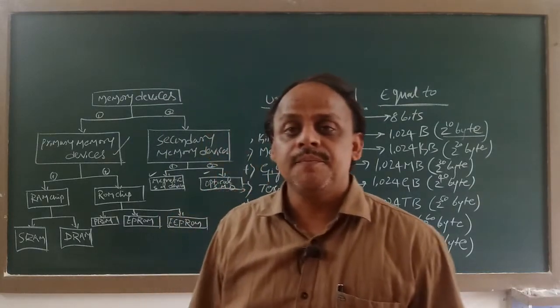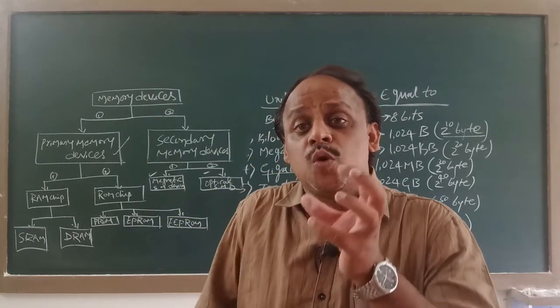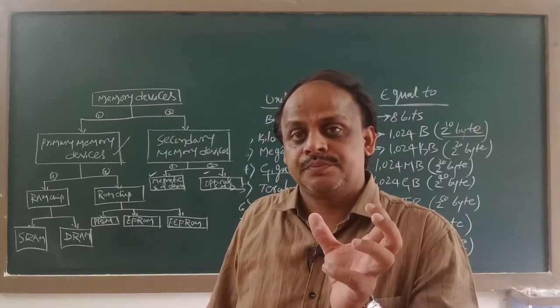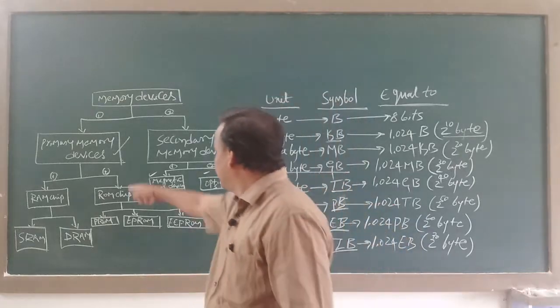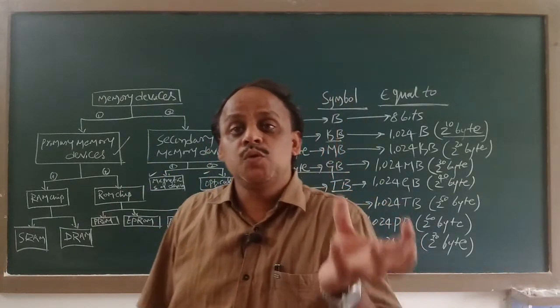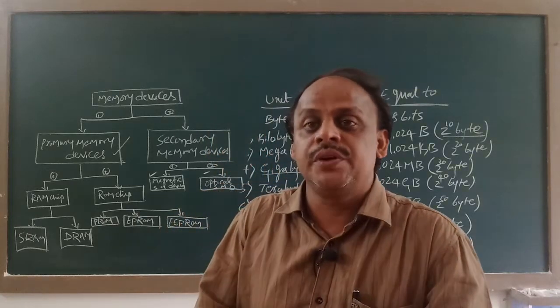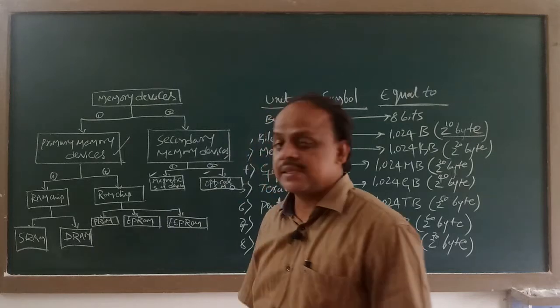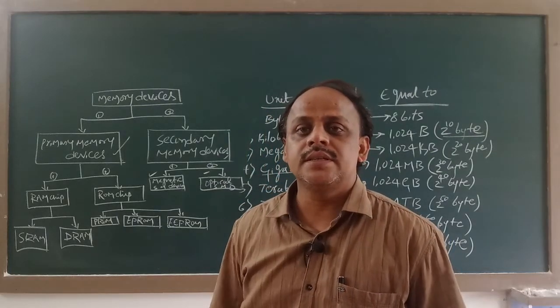Or else we can say devices which hold less amount of data are called primary memory devices. Devices which are used to store huge amounts of data are called secondary memory devices, right?